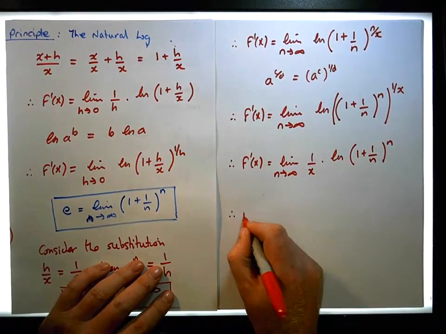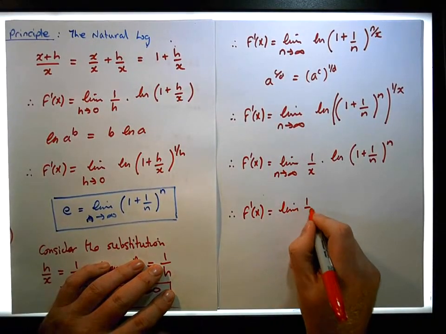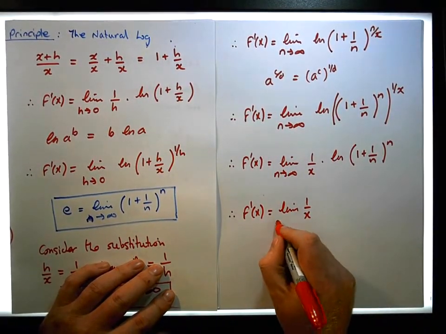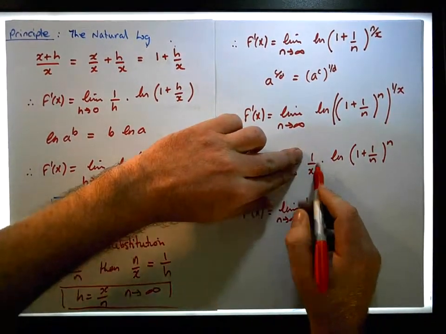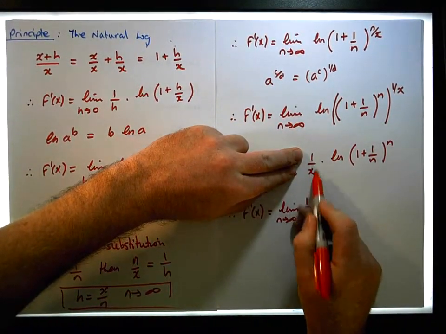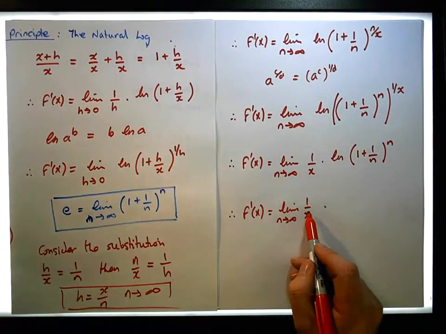Therefore, f prime of x is equal to the limit of 1 over x as n tends to infinity, times the second limit. The limit of a product is the same as the product of the limits.